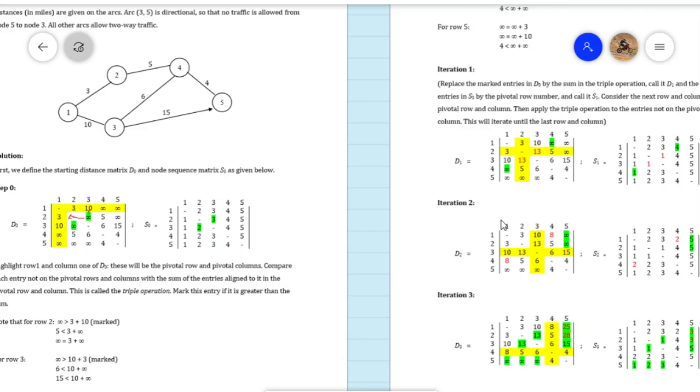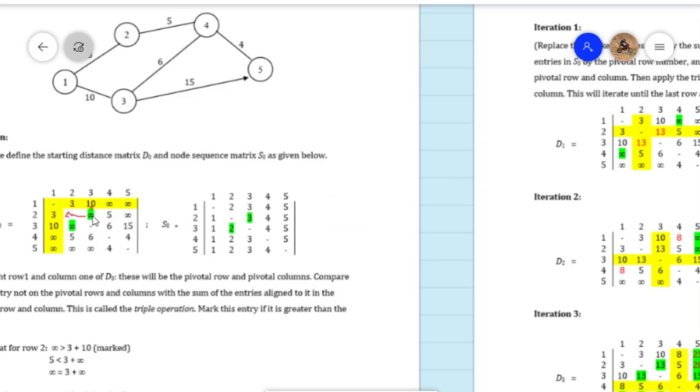So you see here, D sub 0 is now D sub 1 in iteration 1. We copied everything except for these two entries here. These two entries are now replaced by these red entries. I wrote it in red so that we would notice that they were changed.